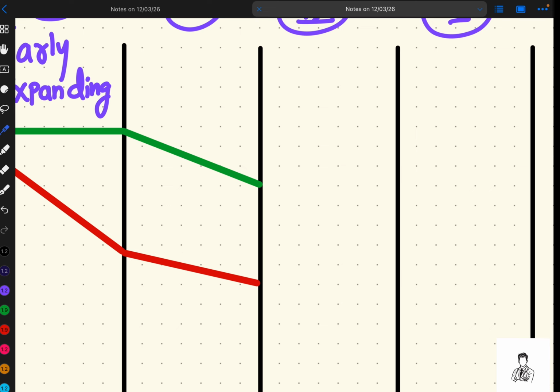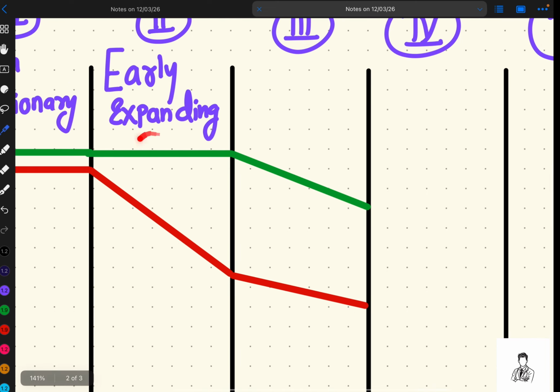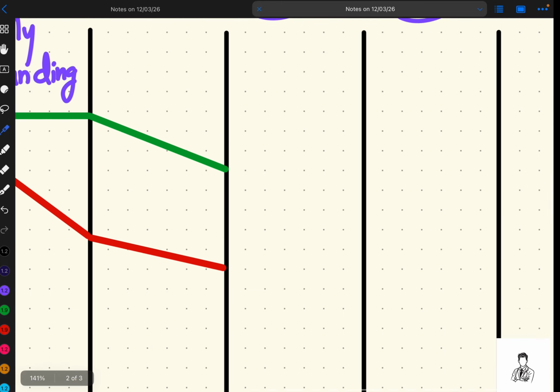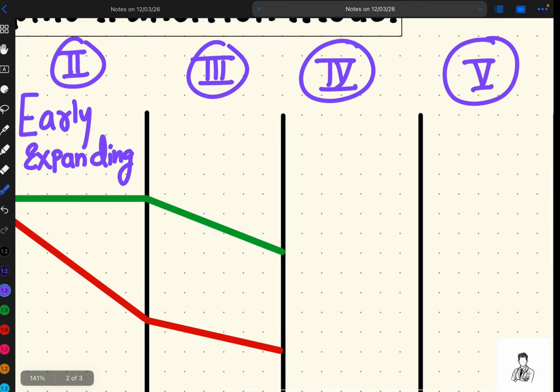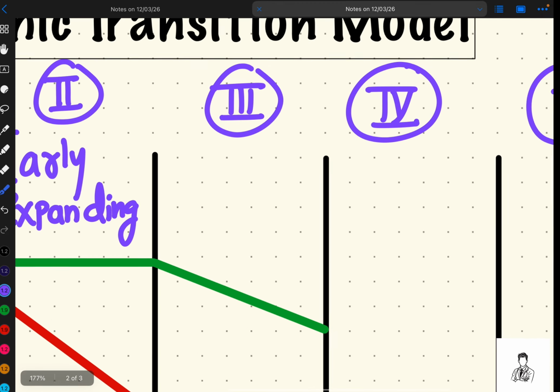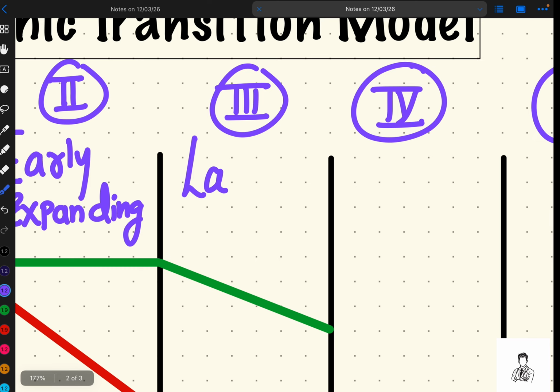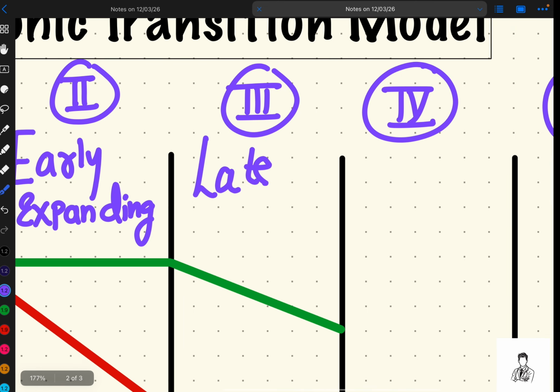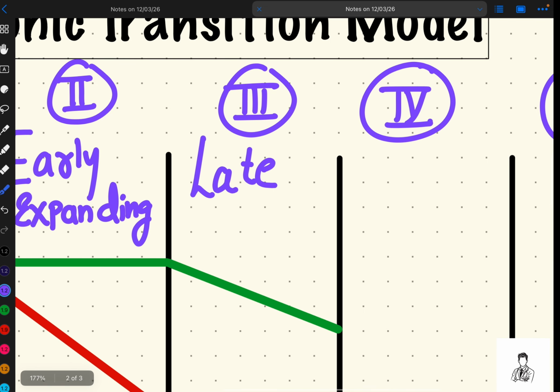It is still growing, but not to the same extent as the explosion before. This is also expanding, so we will name it late expanding.